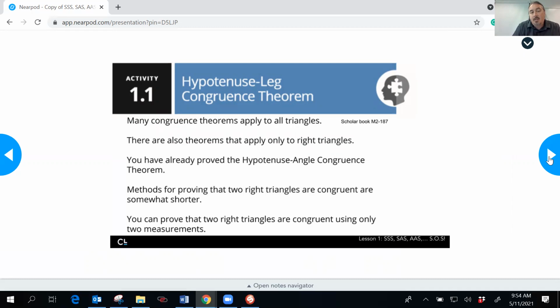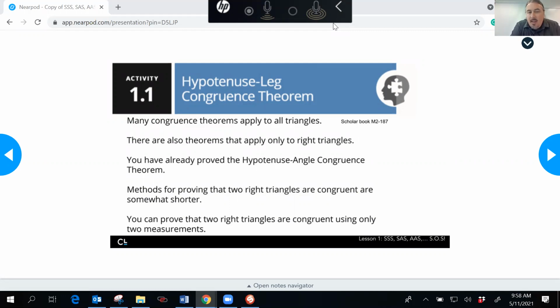So we haven't really dug into the hypotenuse angle congruency theorem, so I'm going to go ahead and skip that part.